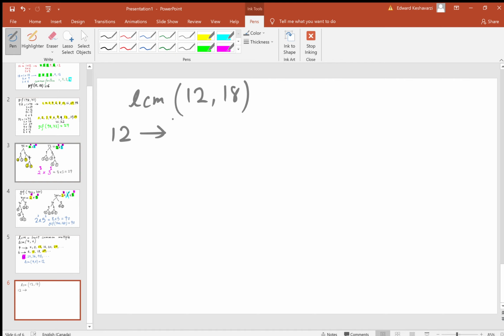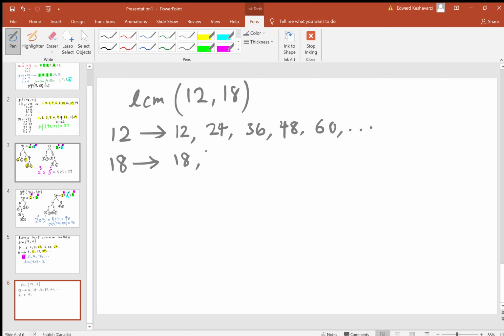Quickly you will dislike this because you need to write 12 times 2, 24, and 36, and then 48, and then 5 times 12, 60. And sometimes you need to go up painfully for many more to find out the common multiple, and that's not a good idea to apply this method. This is why we have better methods, but let's try this.